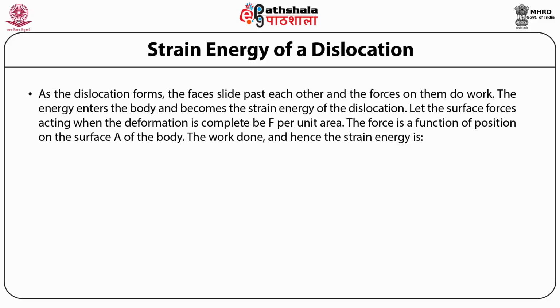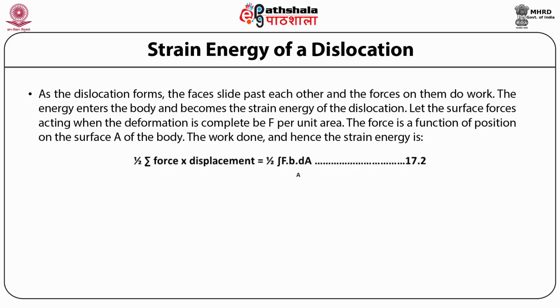Let the surface forces acting when the deformation is complete be capital F per unit area. The force is a function of position on the surface capital A of the body. The work done, and hence the strain energy, is then given by one half of the summation of force times displacement, which is equal to one half the integral of F dot b dA.